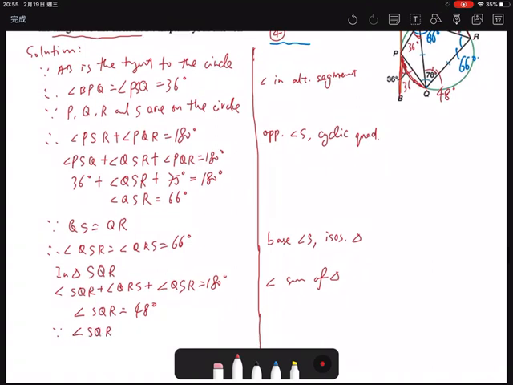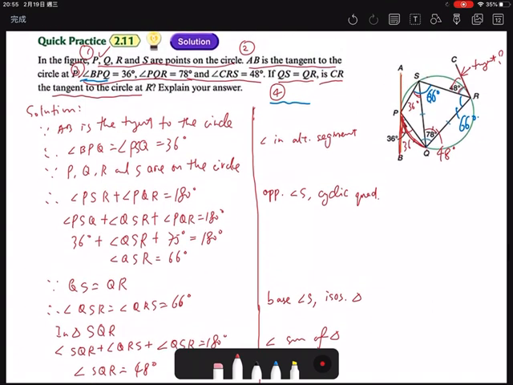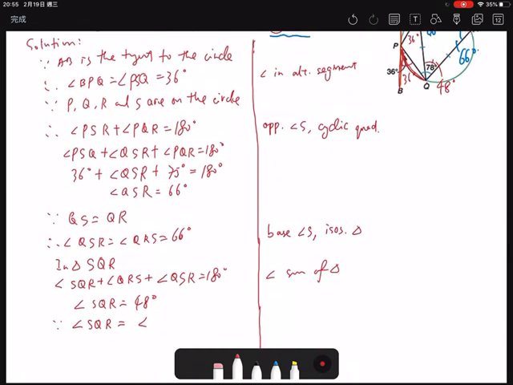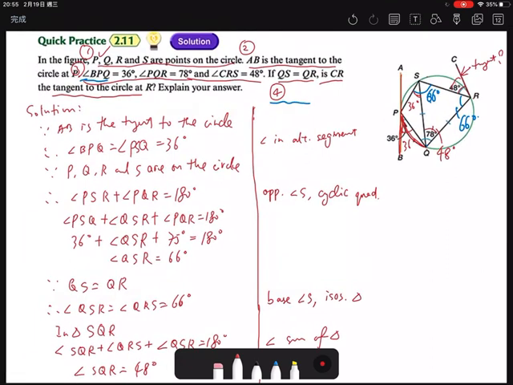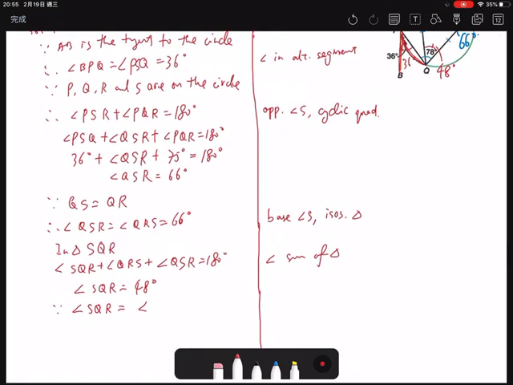And finally, because angle SQR equals the given angle CRS equals 48 degrees, CR is the tangent to the circle.